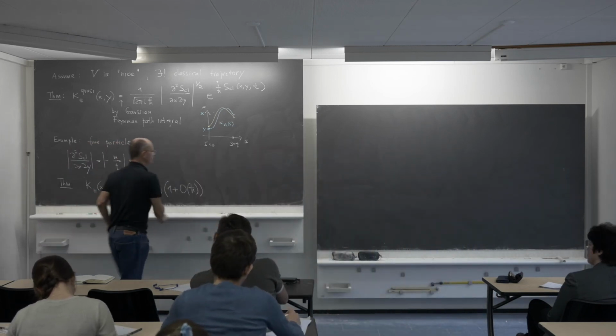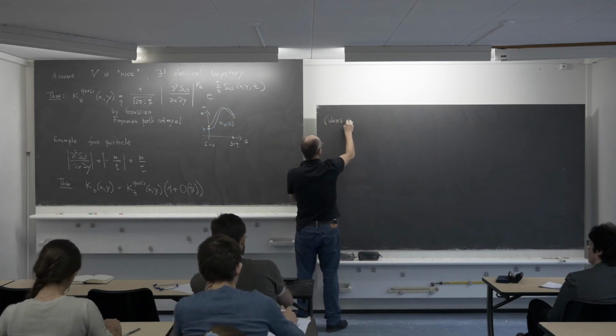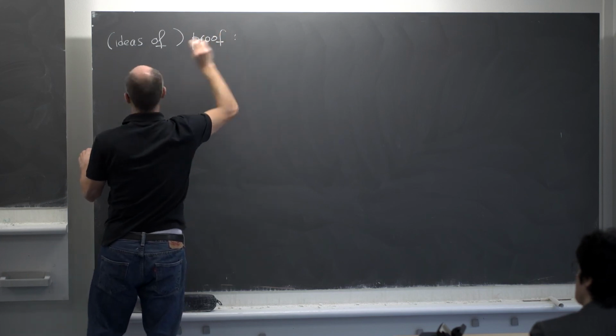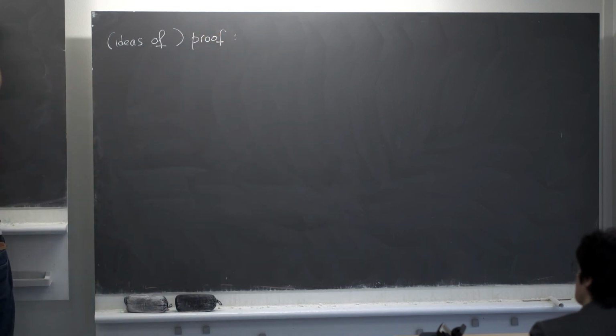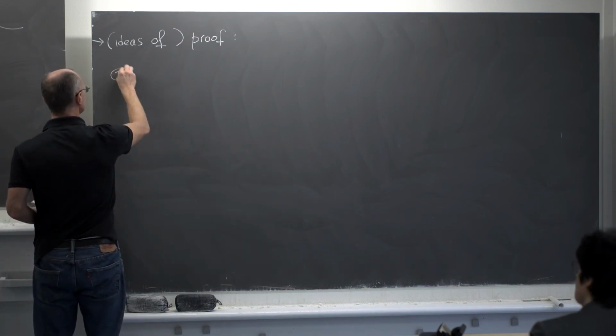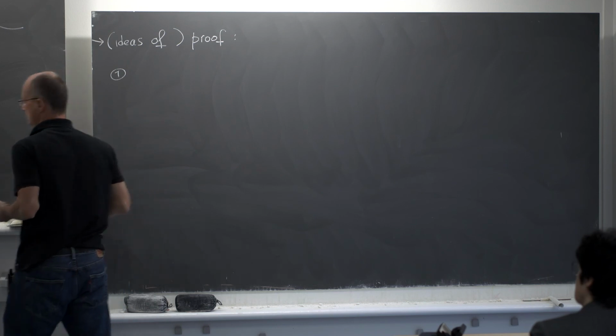So these are some ideas of proof, and this is for this theorem. The proof consists of several steps. So step number 1 is like this.